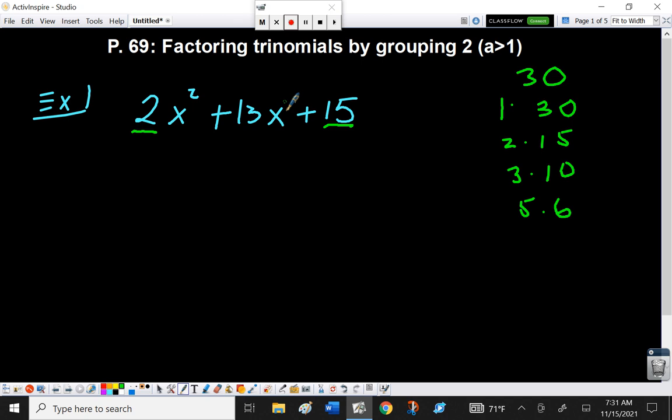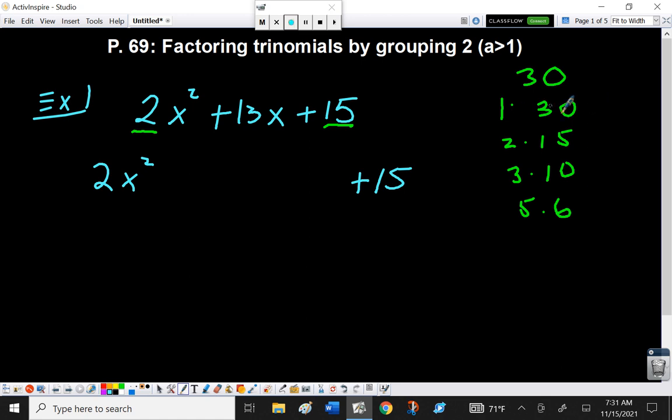Now, the next thing I want you to do is write down this 2x squared, leave some space, put the plus 15. Now look at the factors. All of these multiply to give us 30.